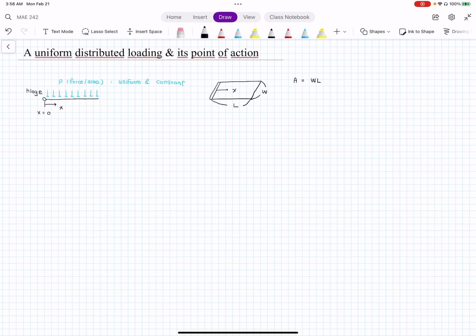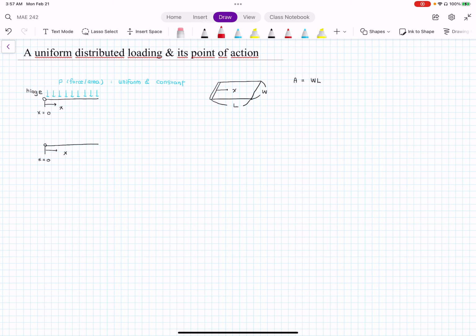Here, what I'm trying to show is that the point of action of an equivalent force or net force to this plate is located at the center. So here is x equal to 0, and the x-axis is measured from the hinge.